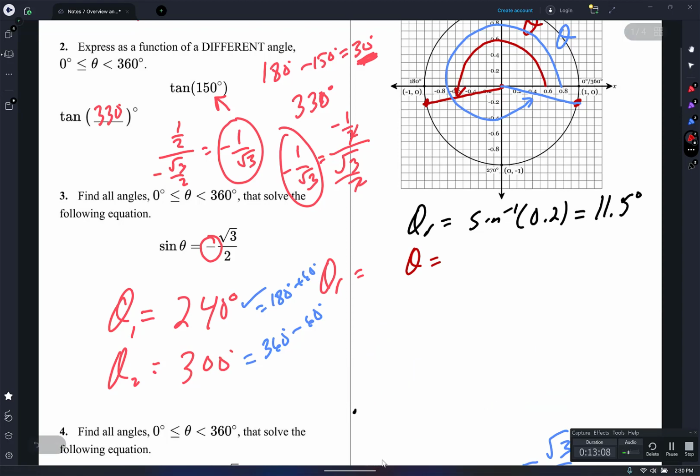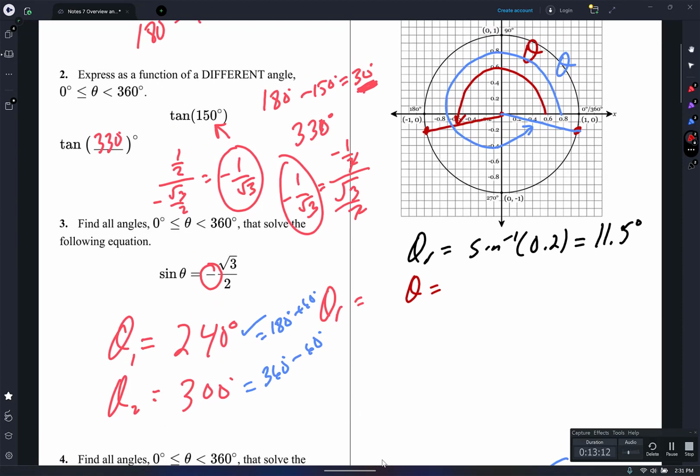I heard one of you say it. What did I do? Come on, guys. You have no idea how to find theta. Yeah, you had 180. 180 plus 11.5 degrees. That's all you do to get your theta by itself.